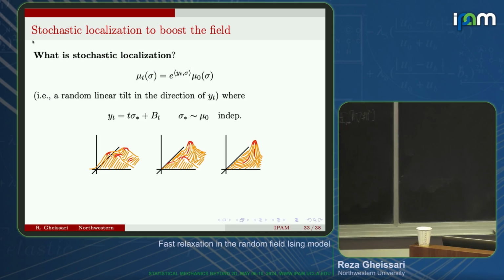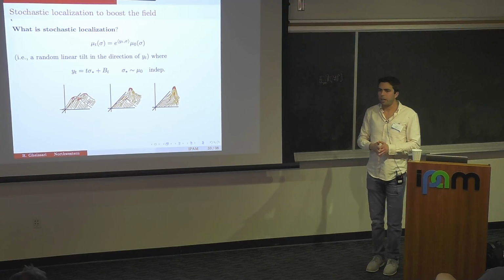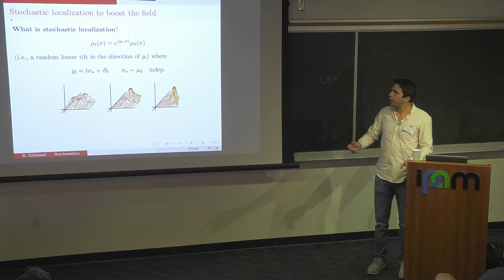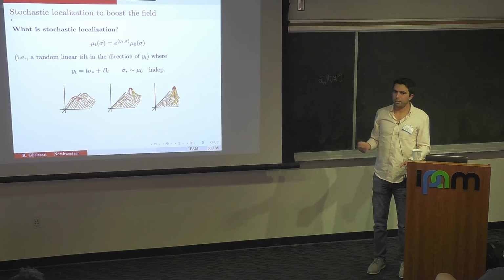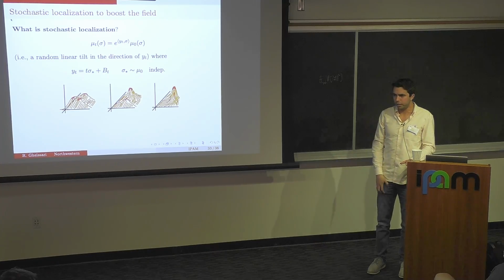Okay, so mu0 is just the initial Ising measure I start with. And what I'm going to do is over time, I'm going to basically add an external field because a linear tilt of the measure is just an external field in the Ising model.